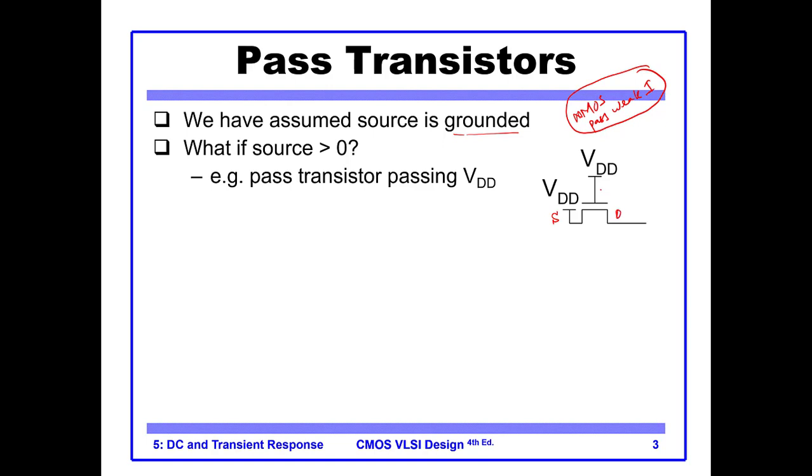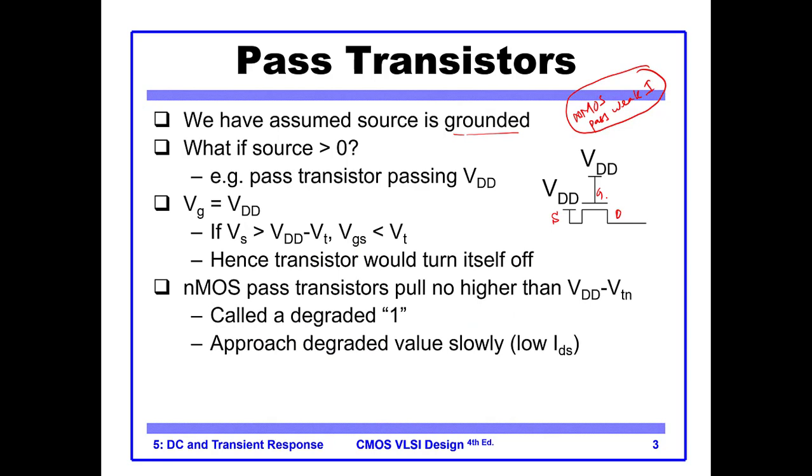So this is our gate, source and drain. So what happens in that case? So VG is equal to VDD and a voltage at the source. So let me draw another circuit so that you can better understand.